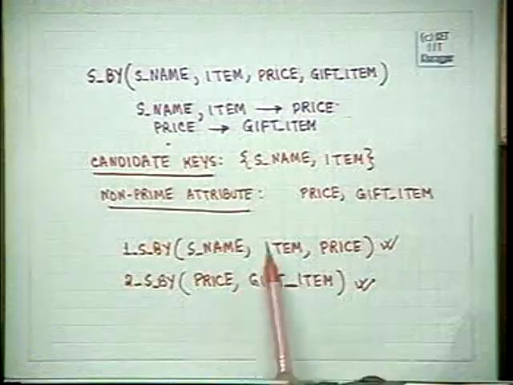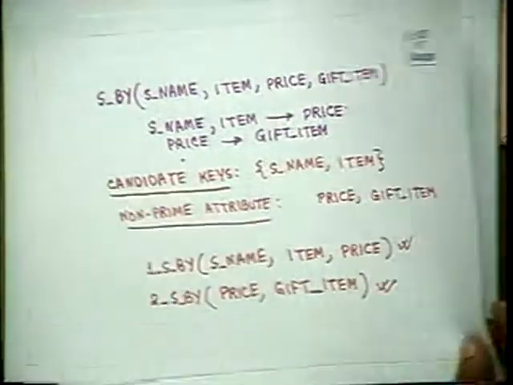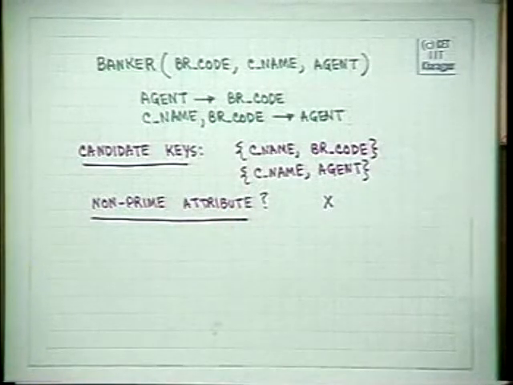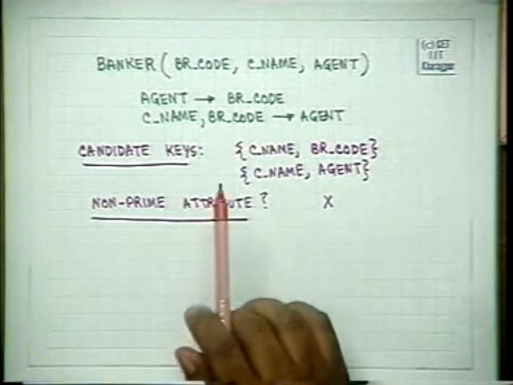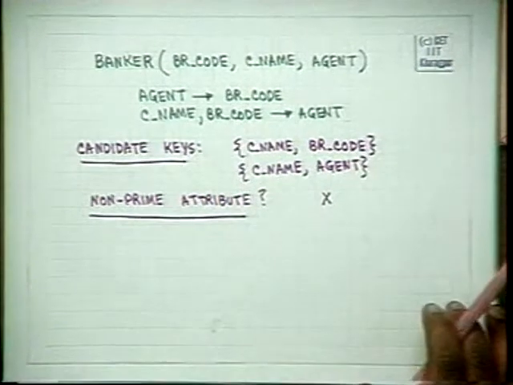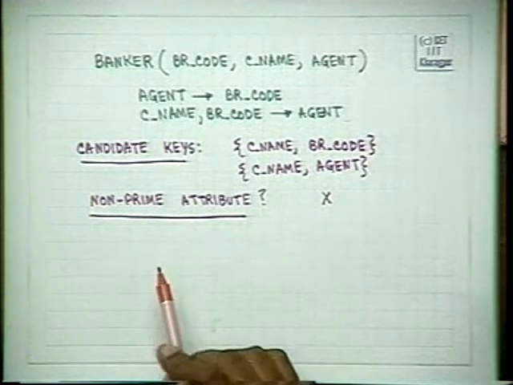So this is one example. This is an example which is not in 2NF, which is not in 3NF. And let us try to get a lossless join decomposition here. How do we get a lossless join decomposition here?